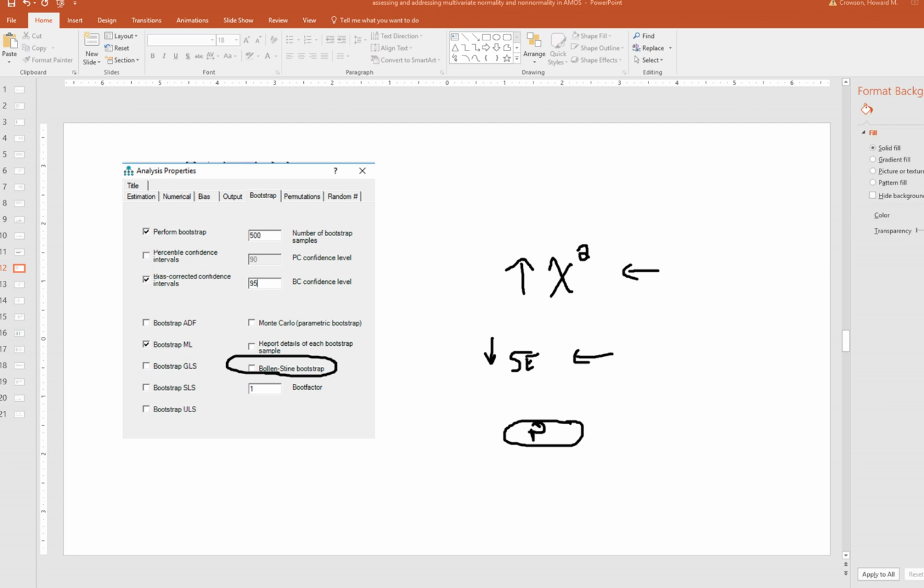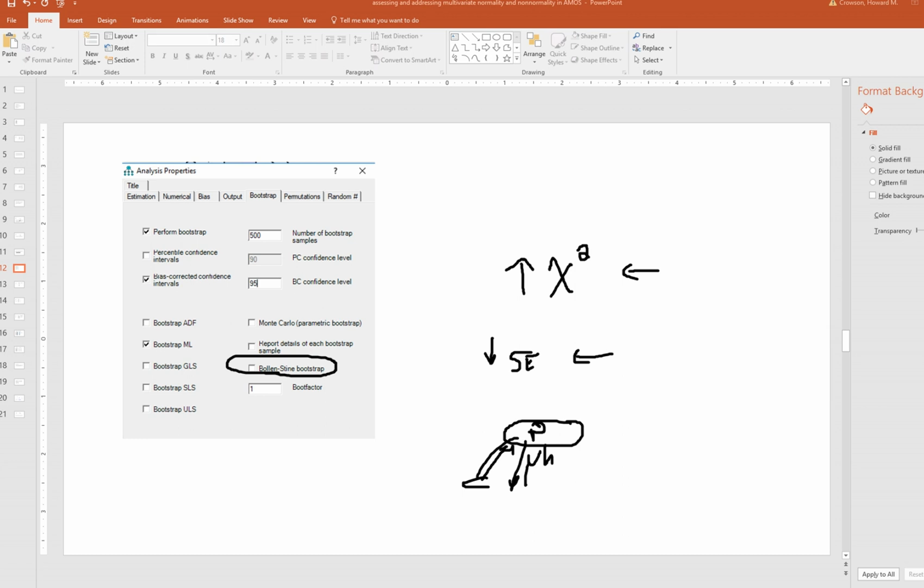We take repeated samples, compute our statistics, replace, and keep doing this over and over again, in this case 500 times. Remember that each sampling is technically with replacement, so each observation is replaced before the next sampling.